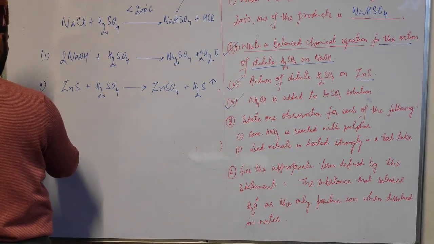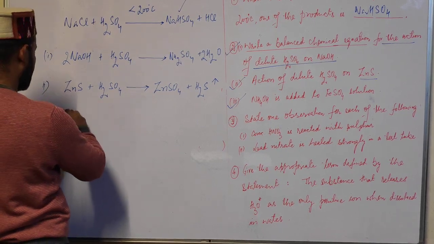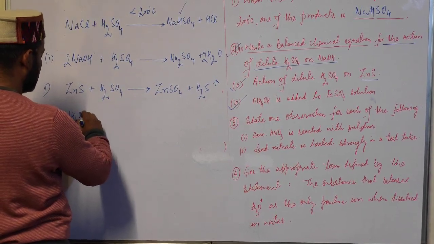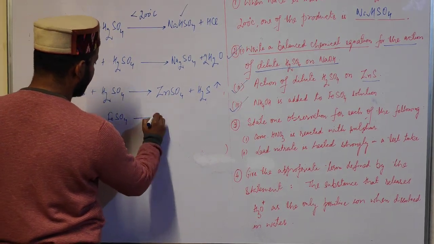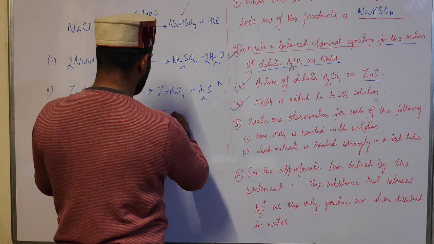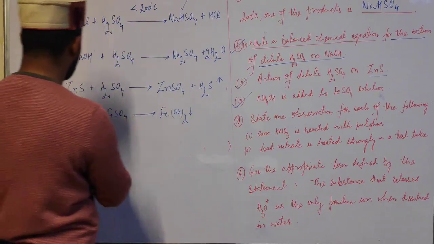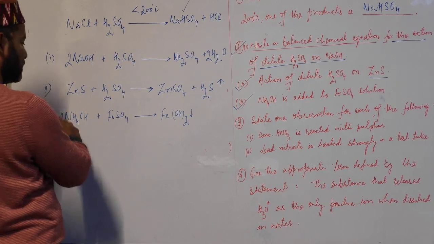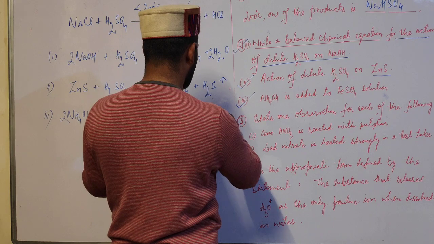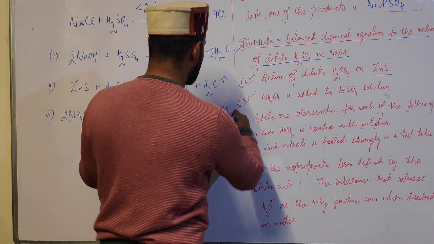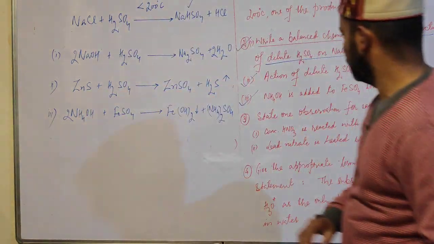And students, we have done this earlier, that when we add an alkali to a ferrous salt, the ferrous ions get precipitated due to the formation of insoluble basic hydroxide, that is ferrous hydroxide, plus we get a water soluble salt, ammonium sulfate. So this is the balanced equation. So this was our question number 2.